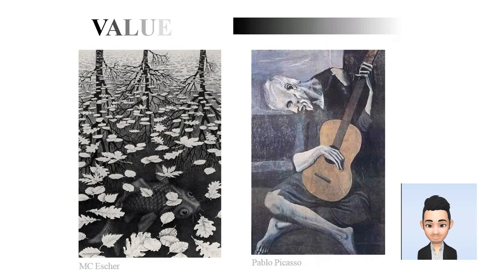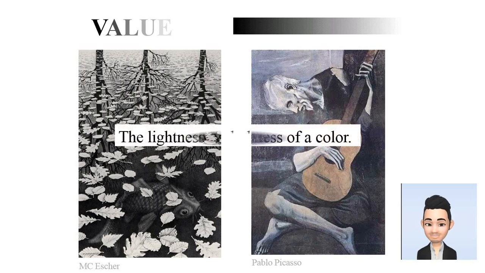Our next element is value. This is not about how expensive your things are, but this is a different type of value. So in art, value is the lightness or darkness of something. So is it black, gray, white? Those are values. How light or dark things are.